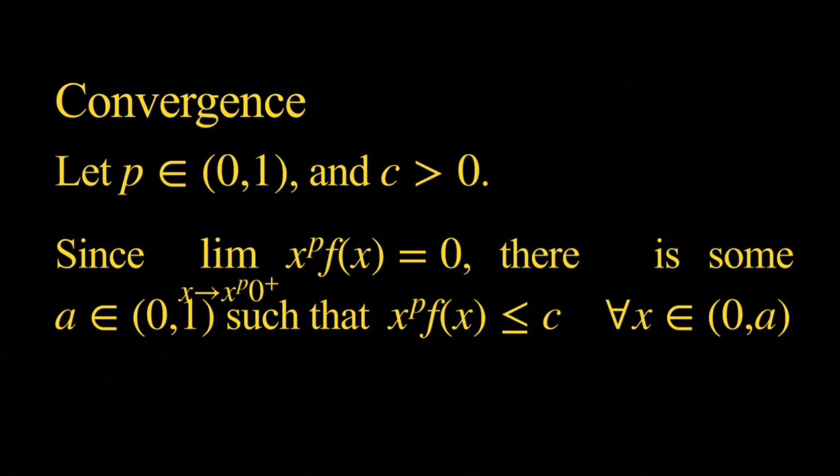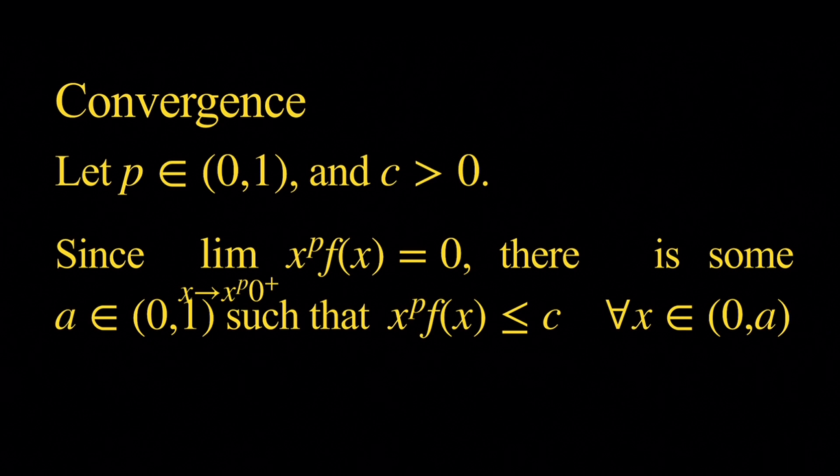equal to 0. Now using the epsilon delta definition of the limit with epsilon equals c, we can guarantee that there exists a positive number a, and we're going to assume that that number is actually between 0 and 1, such that x to the p times f of x is less than or equal to c as long as x is between 0 and a.